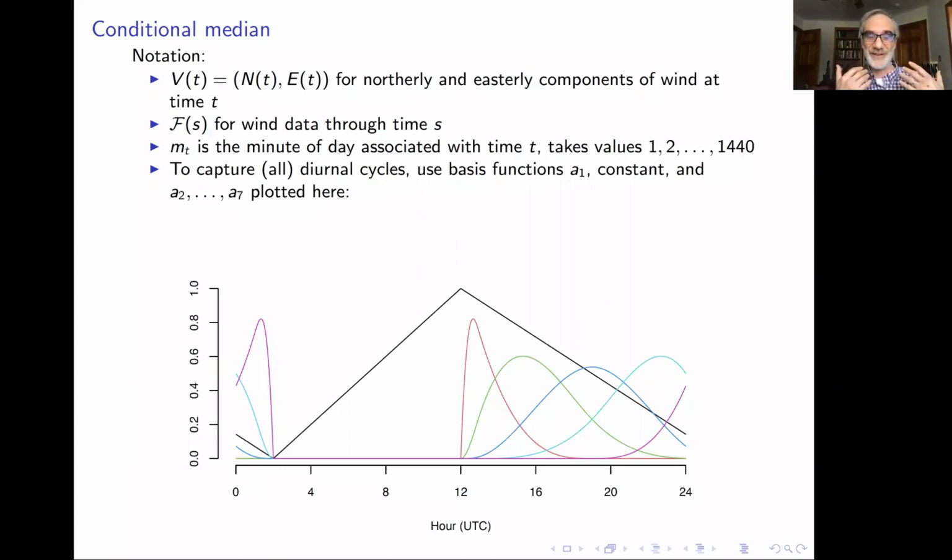So part of what I'm going to return to at the end is, should I have been doing this analysis in this kind of very labor intensive way, or would I be better off doing something more automated? I wanted the same form for the diurnal interactions wherever they appear in the model. So all of my diurnal interactions use these functions plus a constant function as my basis function.